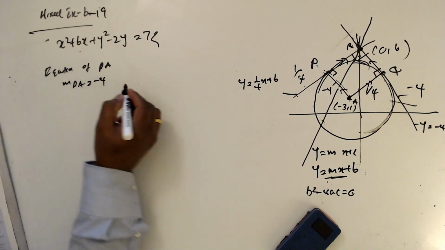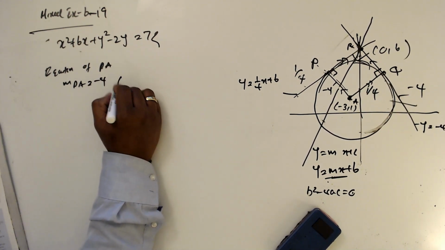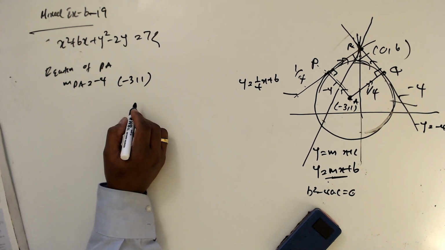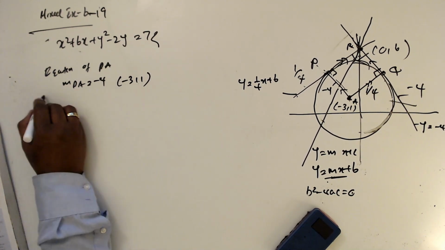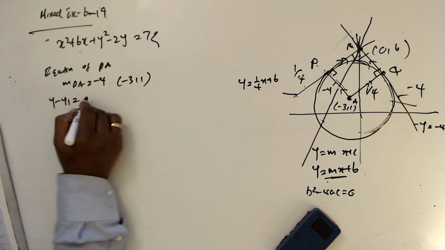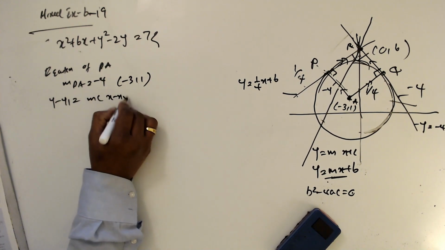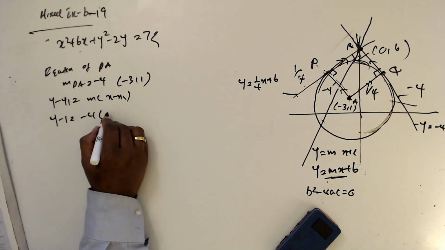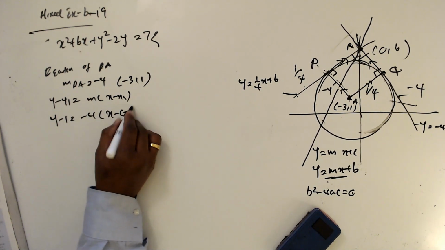MPA is minus 4, and it's going through minus 3, 1, the center. So y minus y1 equals m times x minus x1. Y minus 1 equals minus 4 times x minus minus 3.